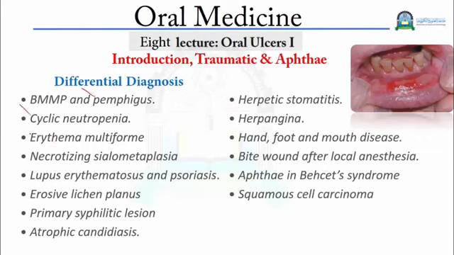Cyclic neutropenia ulcers, erythema multiforme ulcers, ulcers due to necrotizing sialometaplasia, lupus erythematosus, erosive lichen planus, primary syphilis, atrophic candidiasis, herpetic stomatitis, herpangina, hand-foot-and-mouth disease, bite wound after local anesthesia, and Behçet syndrome, and also squamous cell carcinoma are similarly clinically presented in the oral cavity as ulcers.